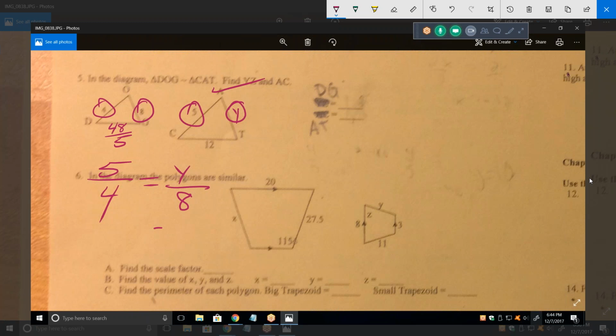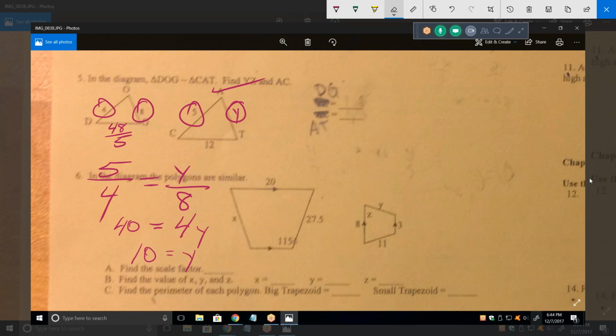What's the easiest way to solve that? In this case, the variable's in the numerator. I don't really need to cross multiply. Notice what happens if I have to cross multiply. I can do it, but it's not necessary. I get 4y equals 40, and then I have another step. I got to divide both sides by 4 to come up with y equals 10.